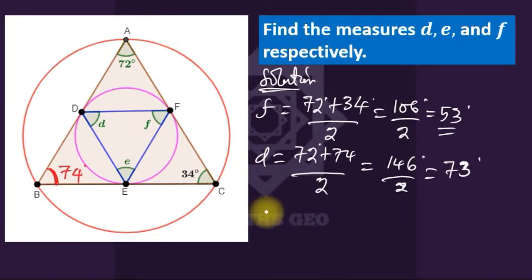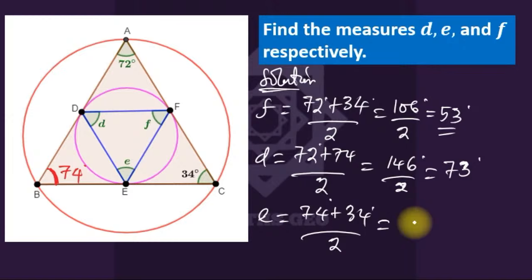And finally, E is in the middle of 74 and 34, over 2. So our answer is 108 over 2, which is 54. So these are the answers.